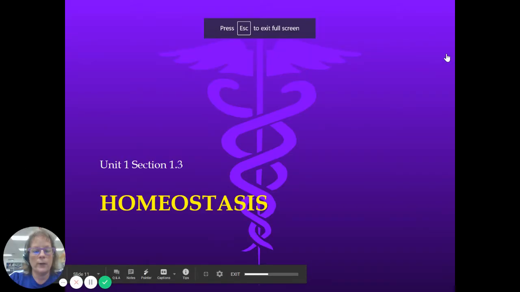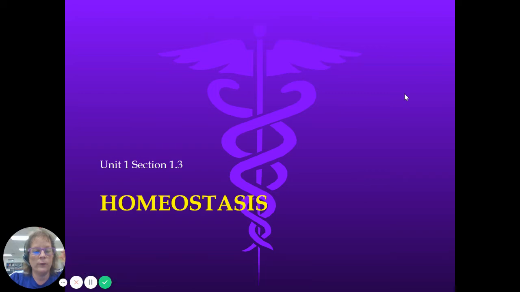Okay, ladies and gentlemen, we are now going to head into section 1.3 of Unit 1 for our Anatomy and Physiology class. This section of our unit deals with homeostasis. Homeostasis is a topic that is going to come up through each chapter.